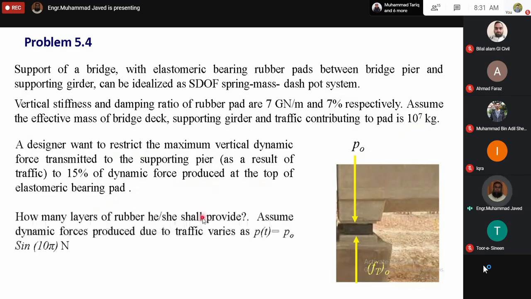How many layers of rubber he or she shall provide? Assume that dynamic force produced due to traffic is represented by this function P naught sine 10 pi, and this has unit of Newton.